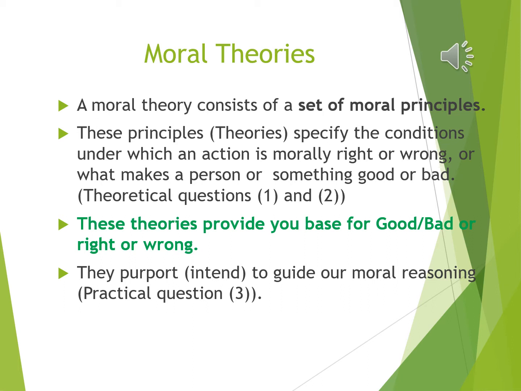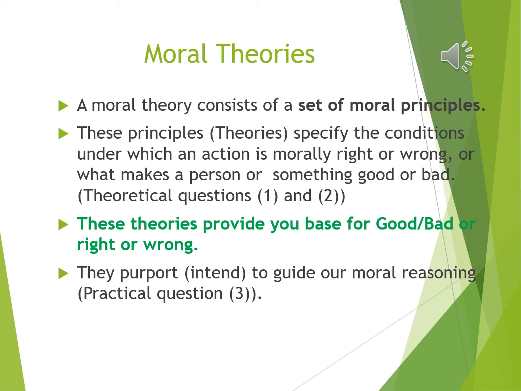Theoretical question: in the previous slide we discussed question number 1 and question number 2. These morality theories basically give us the answer to the two questions we have asked about our action, our personality. So these theories provide the base for good or bad, right or wrong.